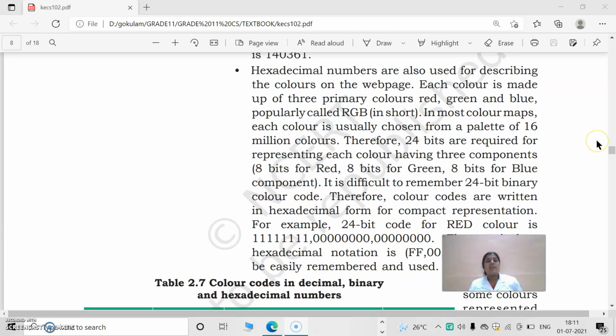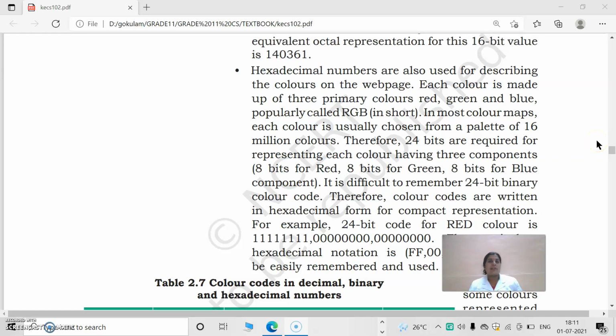Next, we use colors in our web page or Paint. Each color is made of 3 colors, that is RGB representation: red, green, blue. For each color, 8 bits are used: 8 bits for red, 8 bits for green, 8 bits for blue.